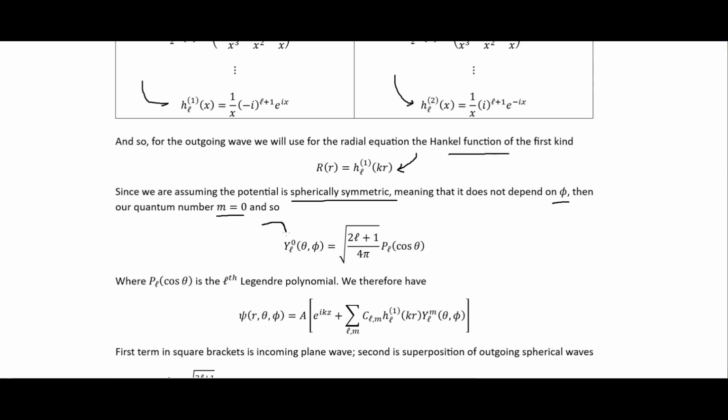So our spherical harmonics will always use m equal 0, though for the L, it'll be a linear combination of the L's. So we have the spherical harmonics being this right here, which is this term multiplied by these Legendre polynomials. And in fact, I believe those are actually the associated Legendre polynomials.